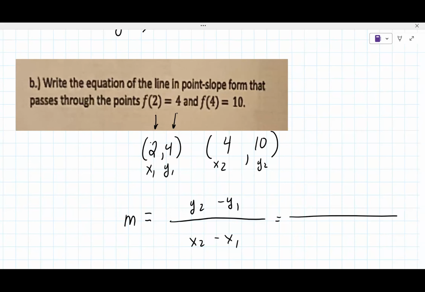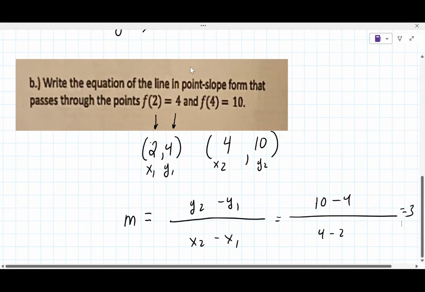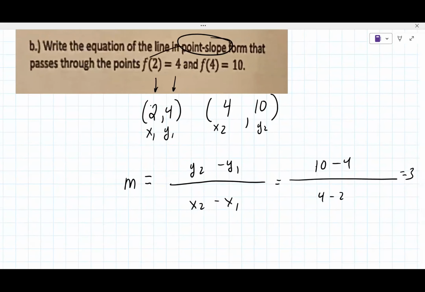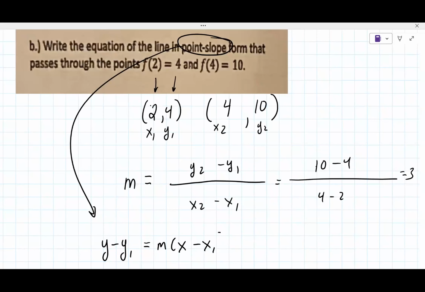It's +3. The final answer is +3. That is correct. All right, so this one asks for point slope form, which is y minus y1 equals m times x minus x1.